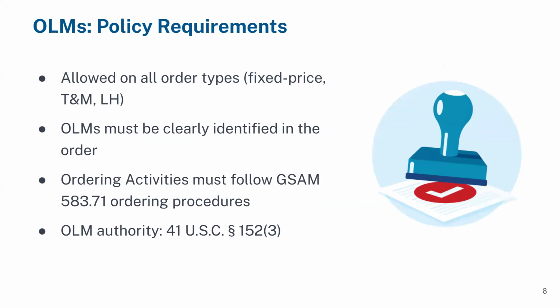Any order type can utilize OLMs. The OLM still must be clearly identified, and ordering activities must follow the GSAM ordering procedures when acquiring OLMs. Essentially, they have to do all those steps to ensure the price is fair and reasonable, and the authority reference for OLMs is listed there as well.